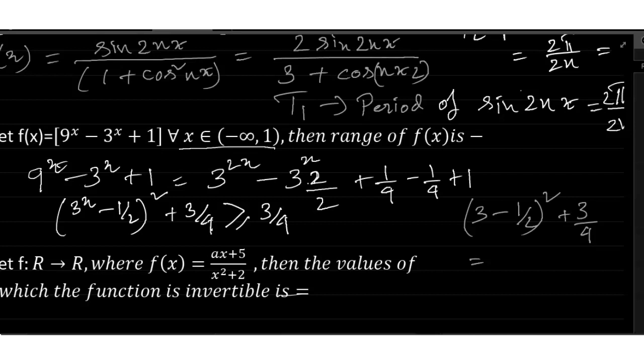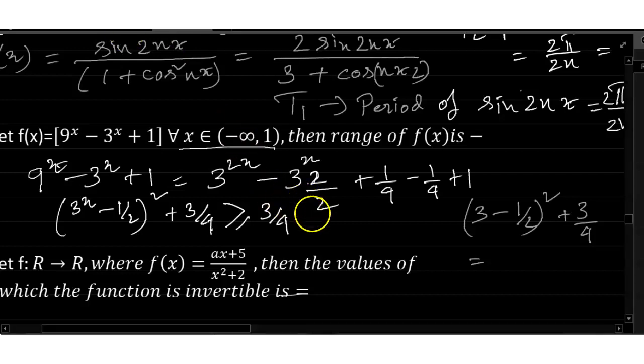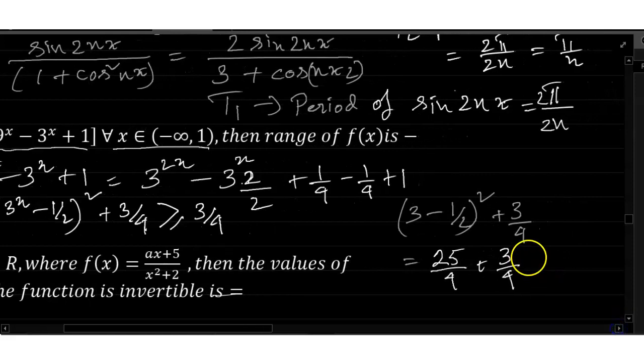So friends, the minimum value of this given function is 3 by 4, and the maximum value is this portion, 3 minus half, equal to 25 by 4 plus 3 by 4 equals 28 by 4.